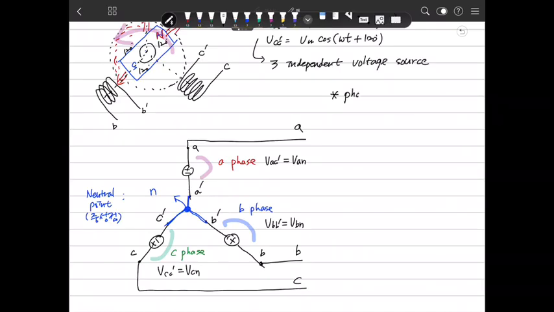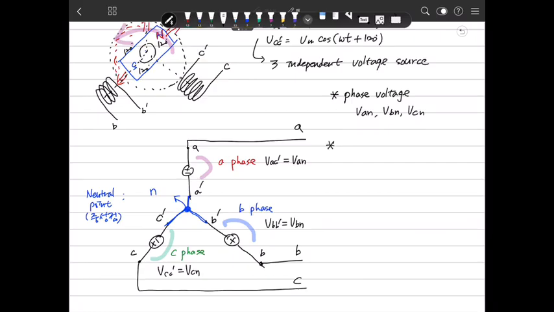We call phase voltage is VAN, VBN, and VCN. And we have one more, the physical things.